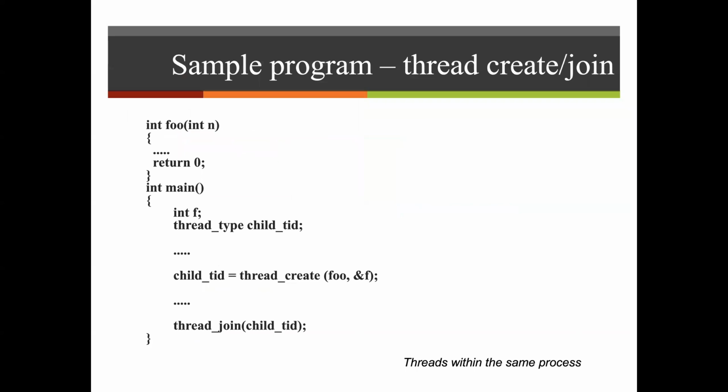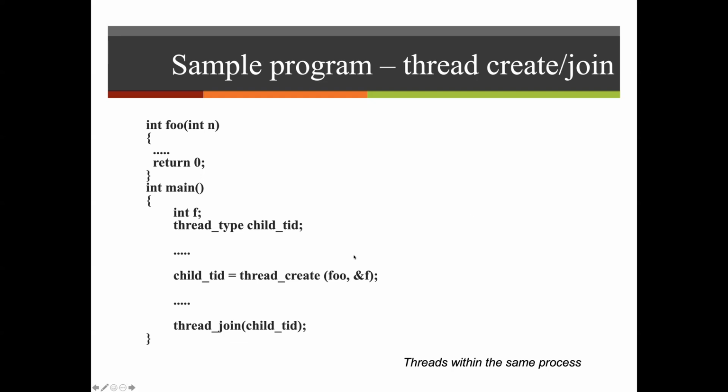So let's consider that we have a program where we have a thread create and join example. In this case, we have a function foo, and then we have our main function. We define appropriate variables of f and then a thread type called child TID.